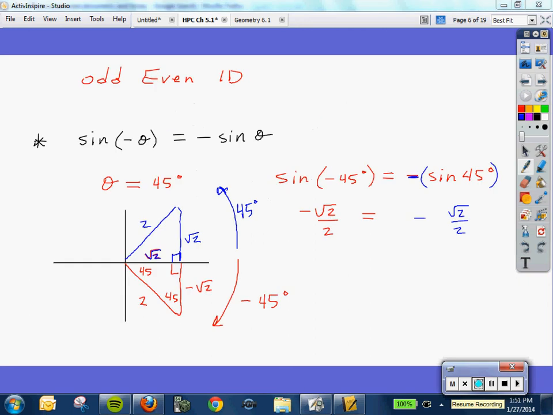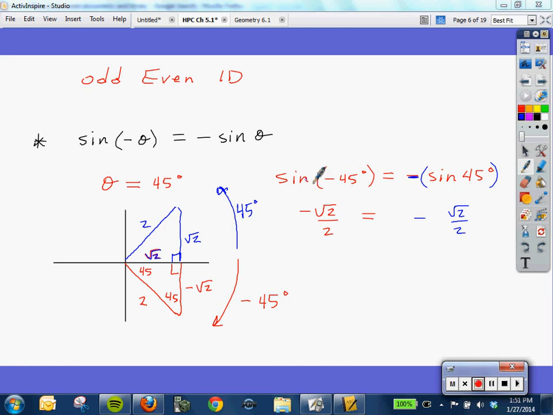So these last ones, these odd-even identities, we're going to focus just on the first one, where we have the sine of negative theta is equal to negative times the sine of theta. And so what I've done here is I've decided to just plug in theta equals 45. And so if I plug in 45 here, I have the sine of negative 45 is equal to negative times the sine of 45.